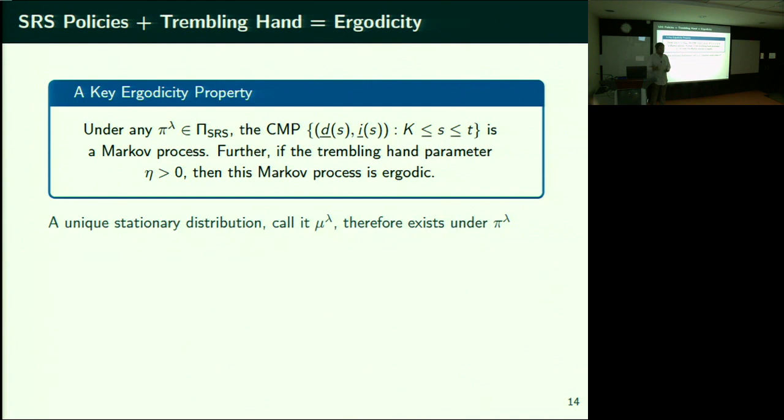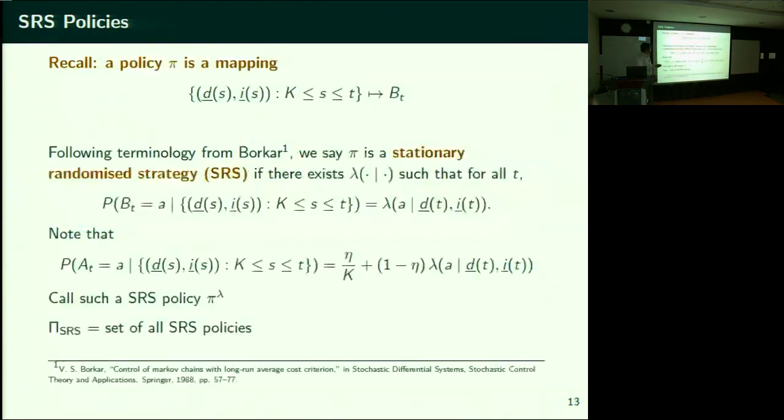Lambda of A given D is a fixed lambda; it doesn't see T either. It doesn't know how long you have run. Based on the current state, lambda operates. That's why the terminology stationary comes for SRS policies. So we're assuming these transition probabilities are stationary and do not change with time.